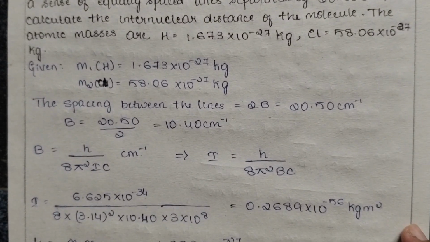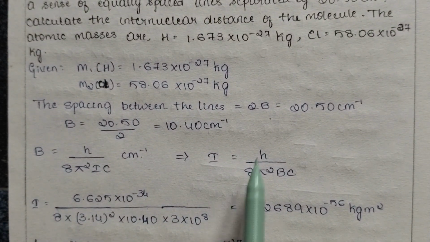Substituting these values, we'll get I is equal to 6.625 into 10 to the power of minus 34, which is the value of Planck's constant, whole divided by 8 into 3.14 square, which is the value of pi, and into the B value 10.40, and into the speed of light, which is 3 into 10 to the power of 8.